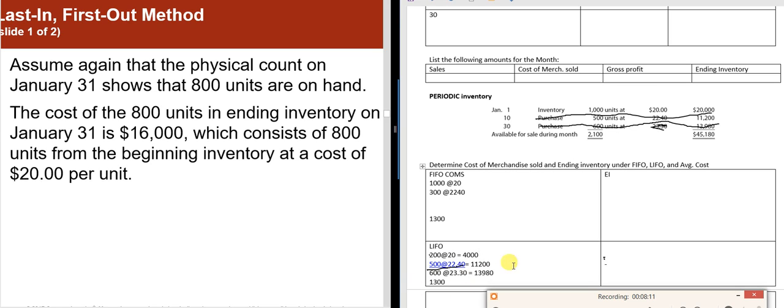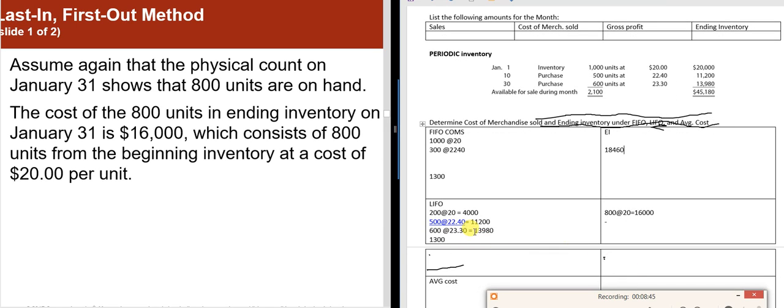Now I can go over here and say, okay, I sold 200 of the 1,000, so my ending inventory is 800 at 20, so it equals 16,000. My ending inventory for FIFO up here, if you added those all up, was 18,460, which was the 200 at 2240, and then the 600 at 2330. LIFO, I've still got 800 in ending inventory, but they're at 20 bucks for 16,000.